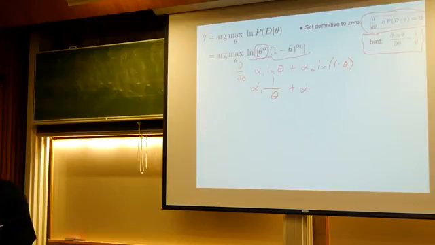Plus alpha 0 times the derivative of this thing. But here I can use the chain rule, right? So this quantity is just the derivative of log of 1 minus theta with respect to 1 minus theta times the derivative of 1 minus theta with respect to theta. Chain rule.